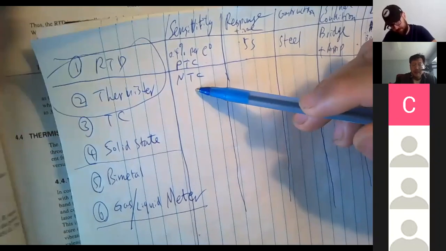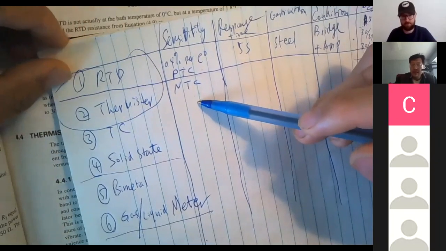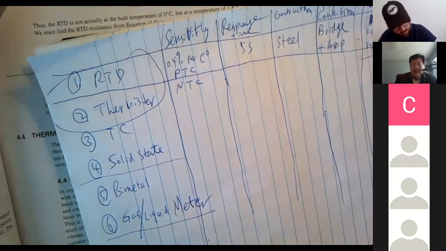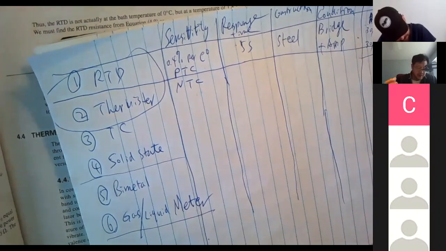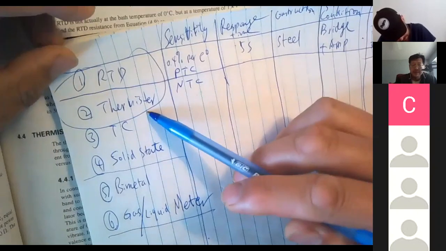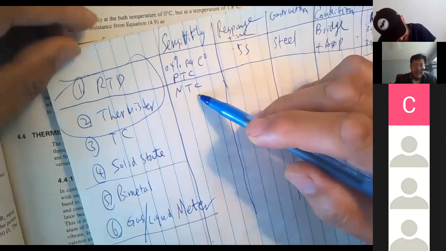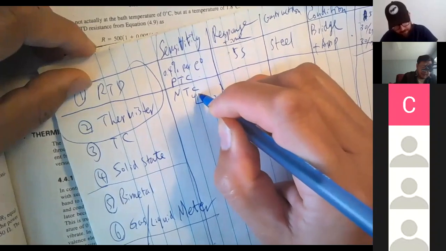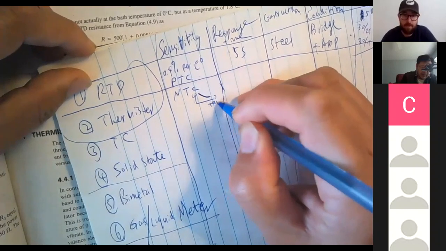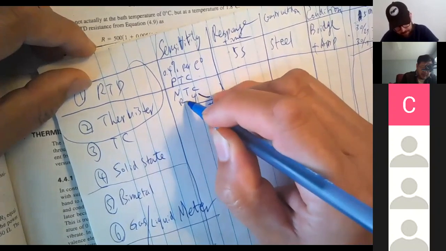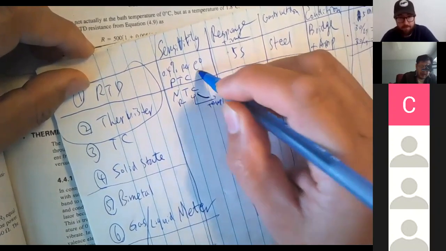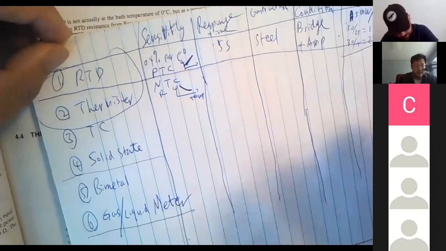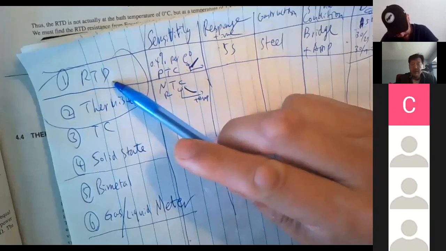The second type is usually constructed of semiconducting material, some kind of ceramic baked together. So there is a recipe to bake a thermistor. It will be negative temperature coefficient. What does that mean? That means as temperature goes up, the resistance drops. Unlike previously, where the higher the temperature, the higher the resistance.